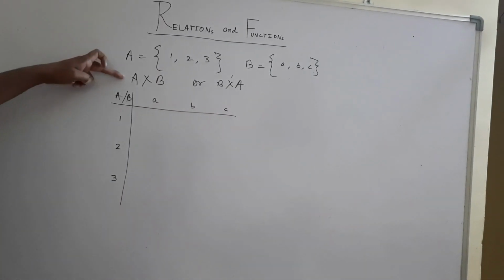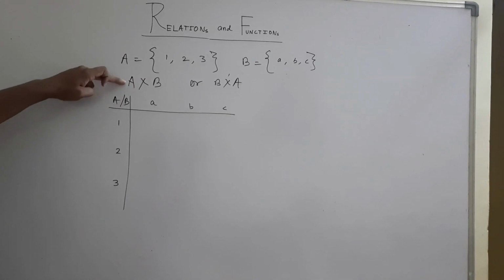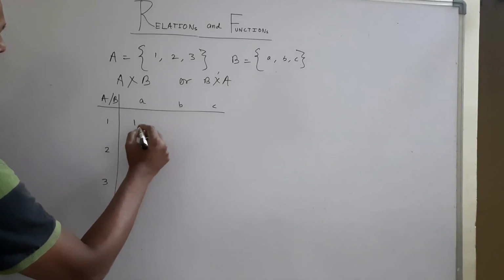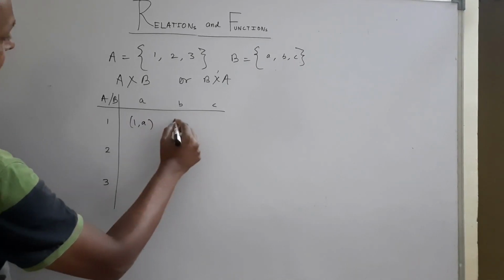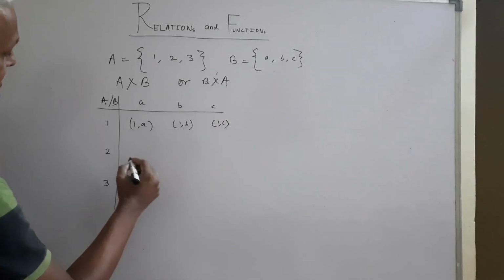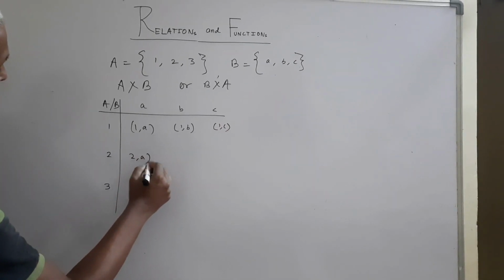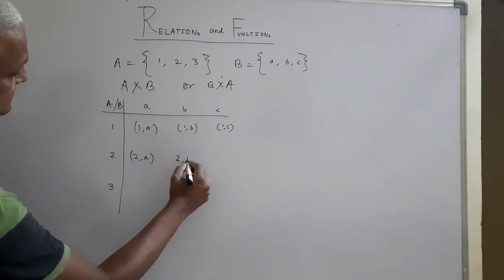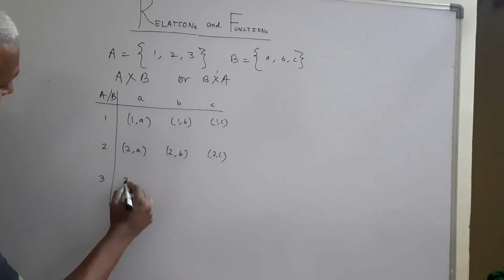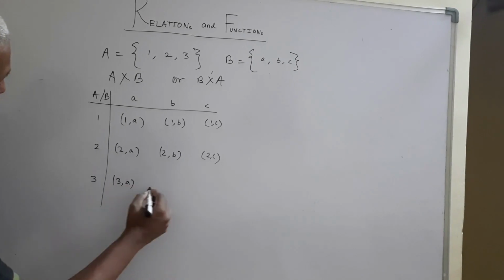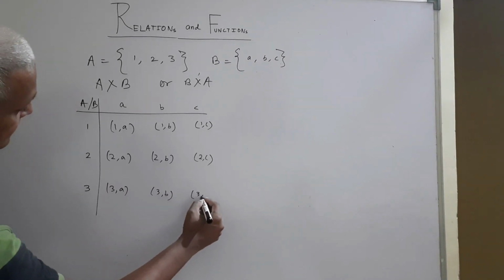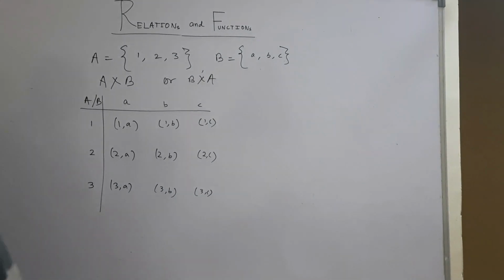When I am trying to find A cross B, I write the elements of A first and B second. So that is 1a, 1b, 1c, 2a, 2b, 2c, 3a, 3b, and 3c.